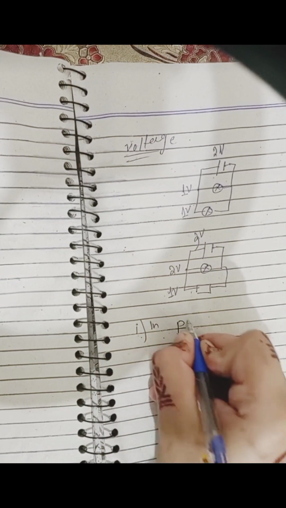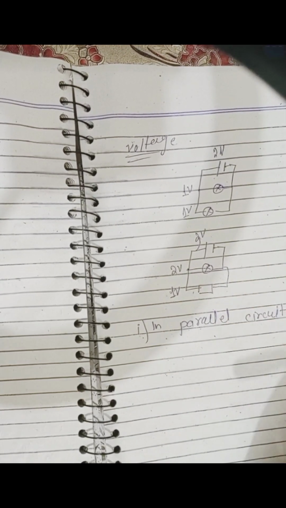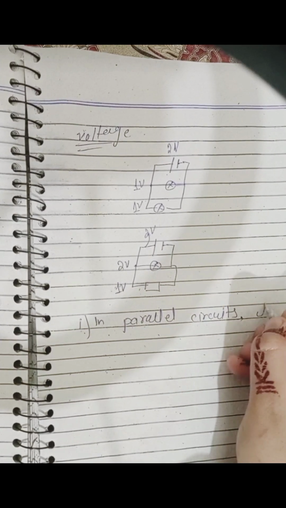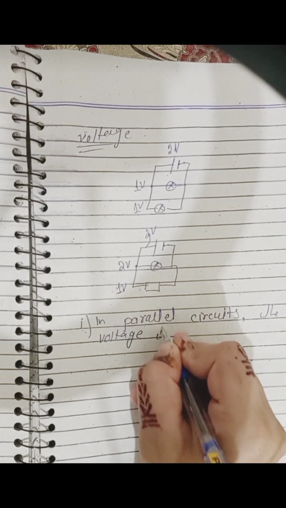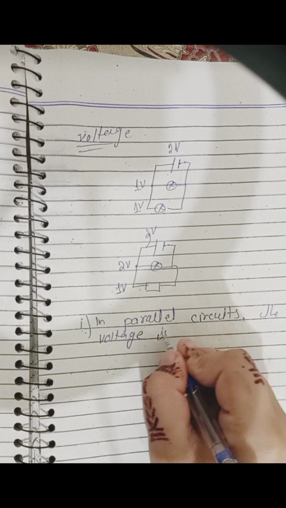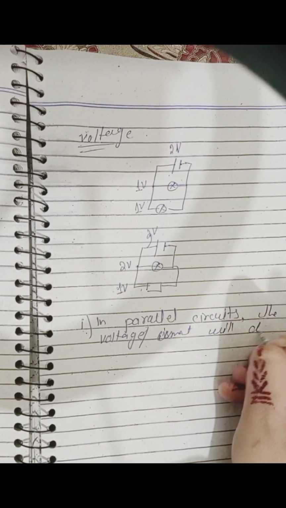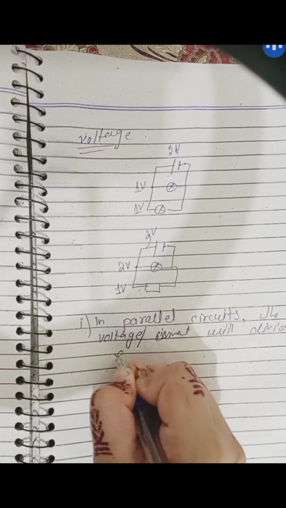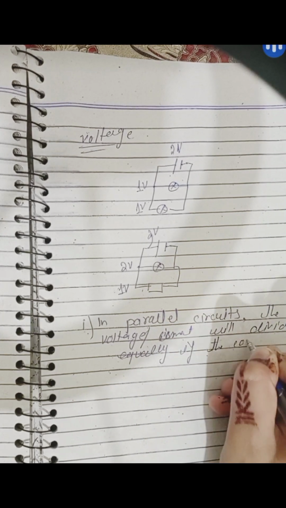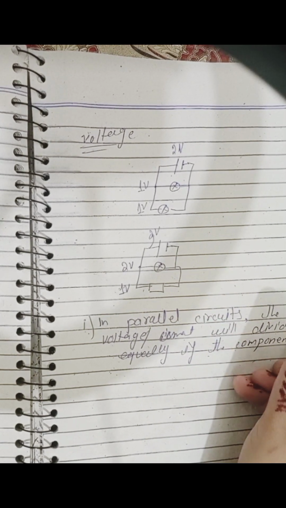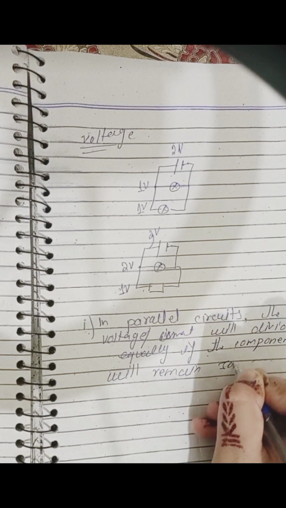In parallel circuits, the voltage or current will be divided equally if the components remain the same.